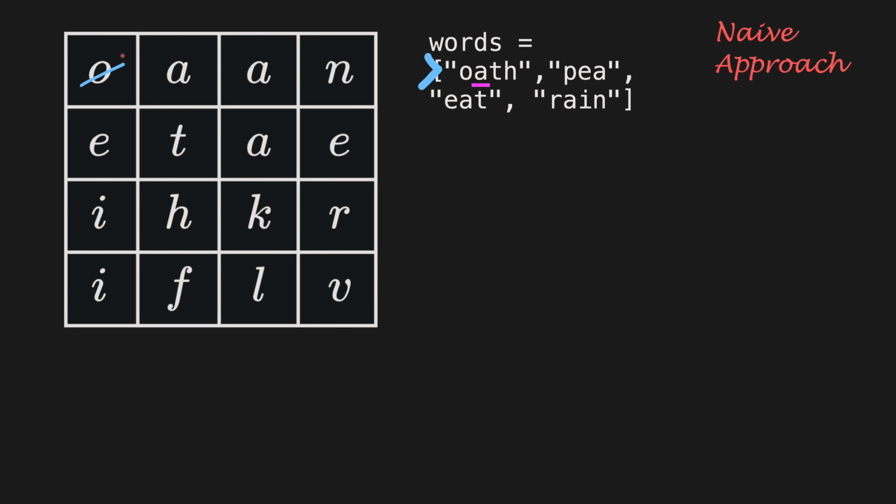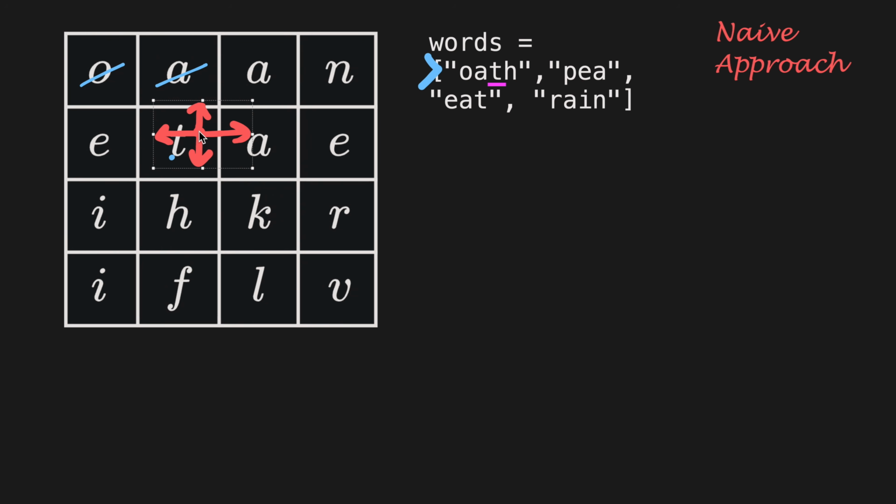We can't go up or left, as that will result in an out of bounds error. And if we go down, we see a letter that doesn't match the letter A, so we backtrack. But on the right, there is an A, which is a match. So, we visit this cell and start the 4-directional search for the letter T, which we find by going down.